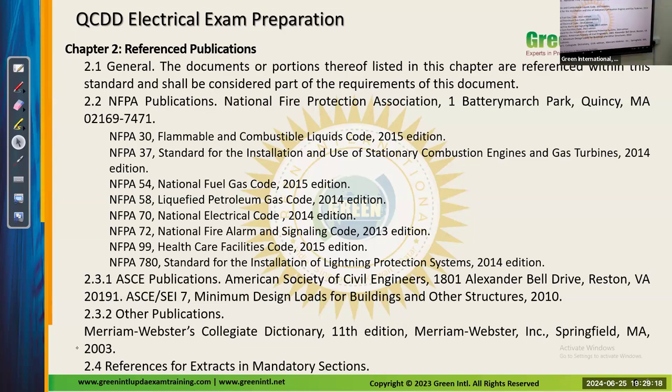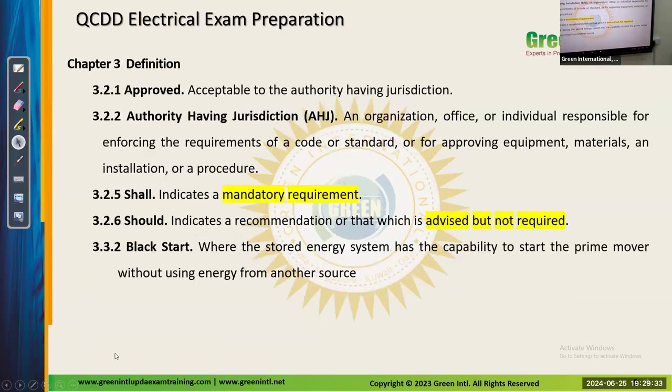There you can get all the NFPA standards and UL, instead of referring to this, because our main objective is to get the license. So here we have only a few things. Important definitions: almost the first 4 definitions are words that almost all the systems will use.